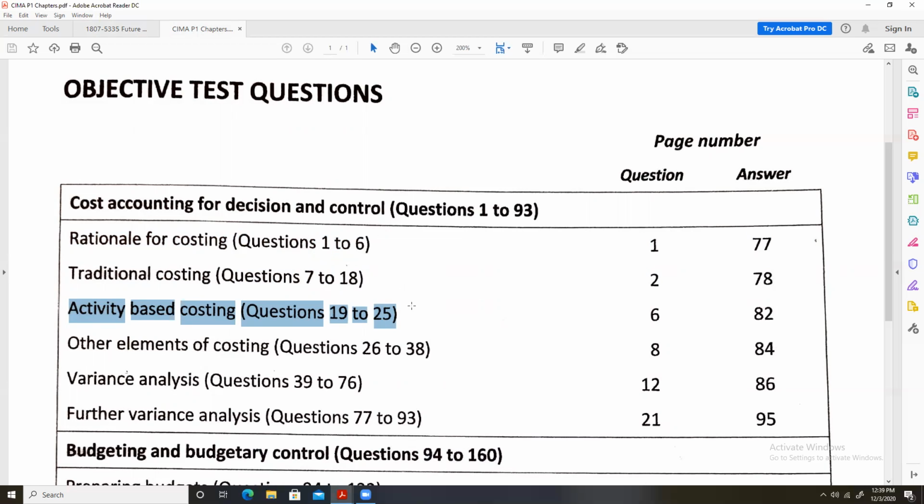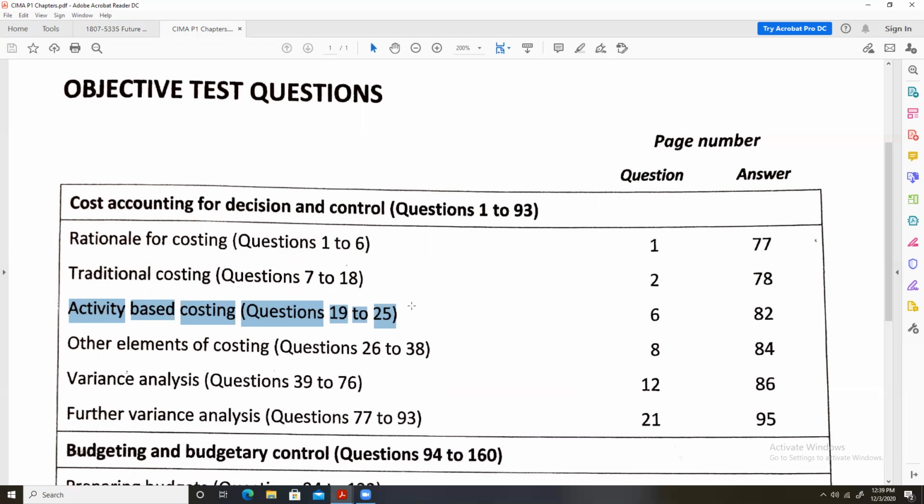Now the point worth noting here is that you need to focus on the theoretical parts of these chapters, not just the computational parts, because the CIMA examiner has the choice to examine anything that is included in your syllabus, because CIMA papers comprise MCQs.